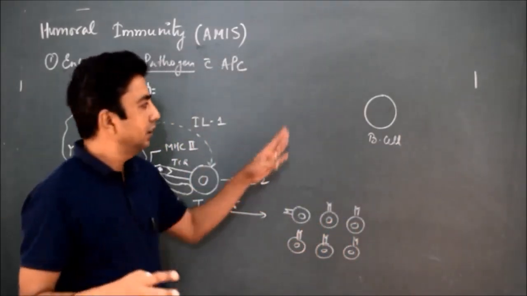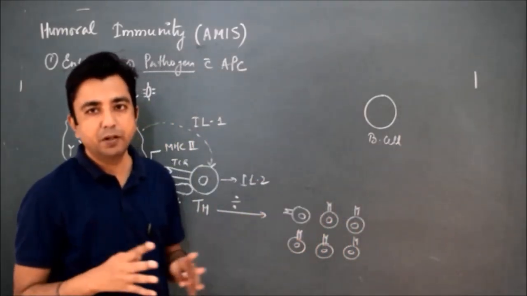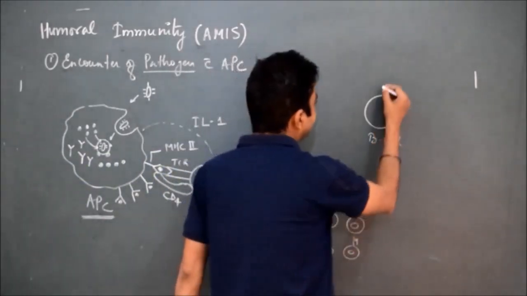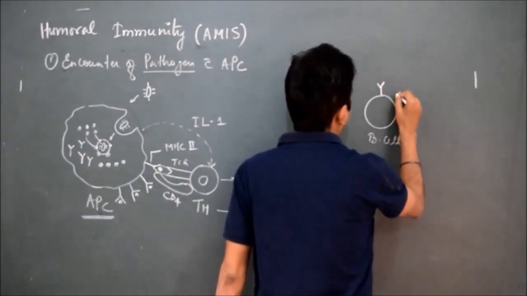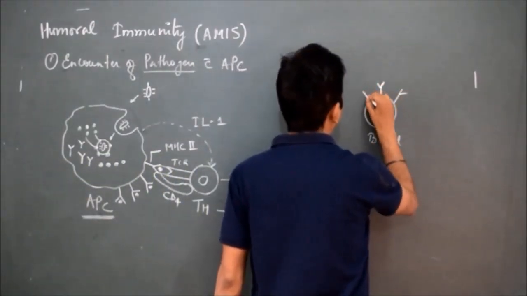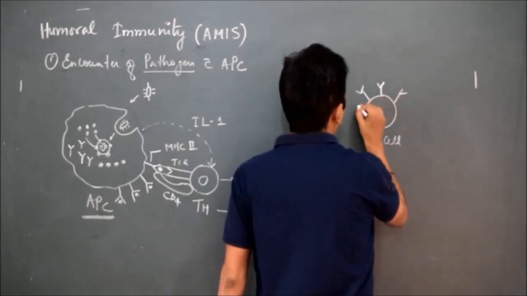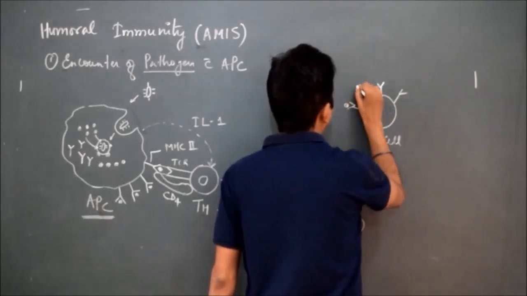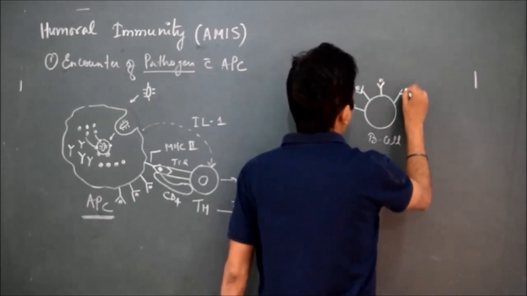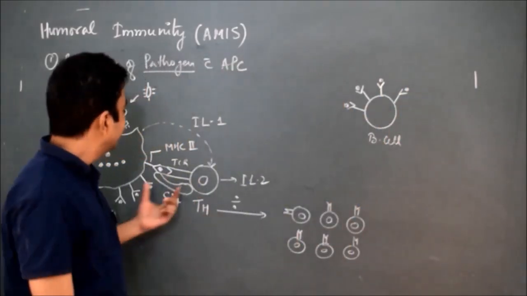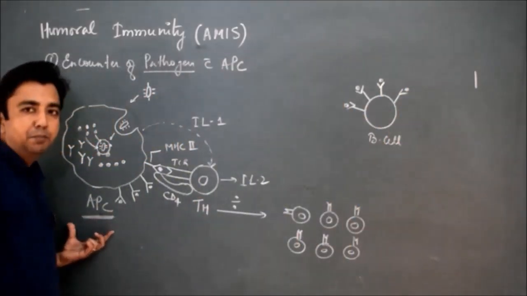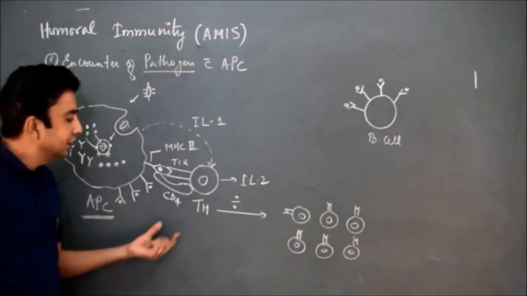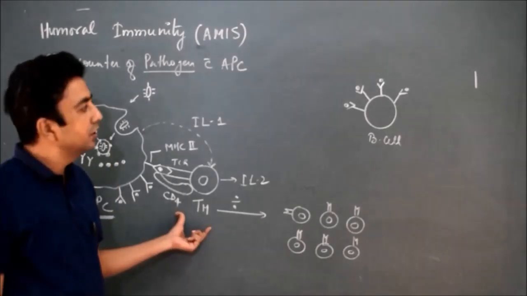I am not showing how phagocytosis took place, but this B cell will also have MHC class 2 molecule, and it will also represent the same antigen that this APC encountered, the same antigen that the T helper cell encountered.